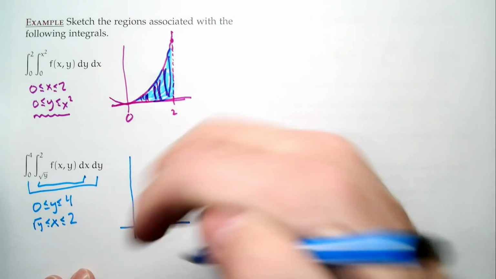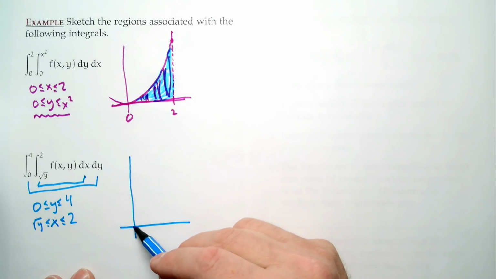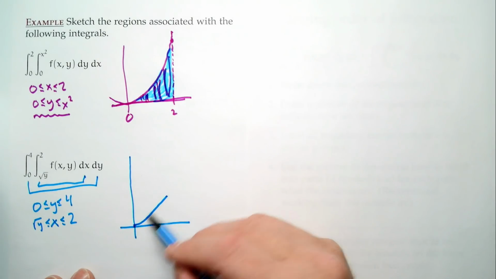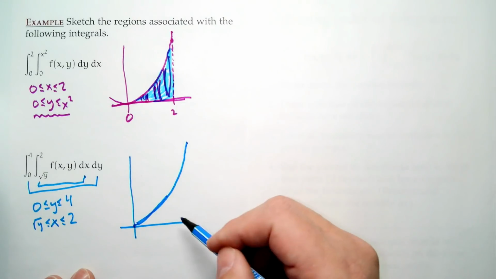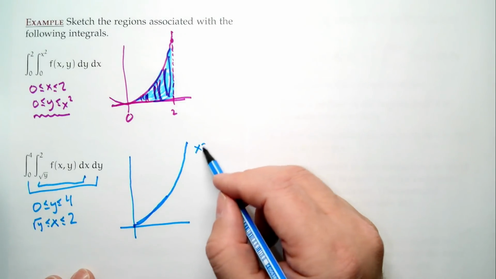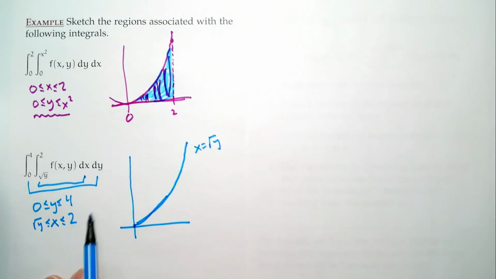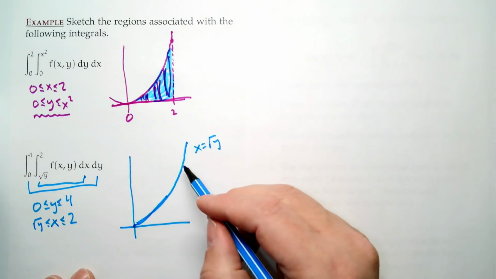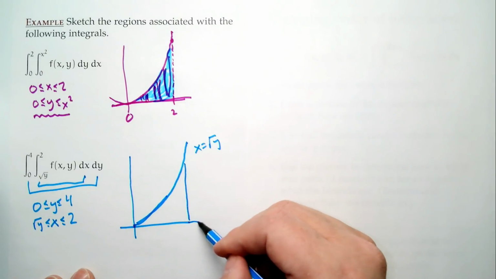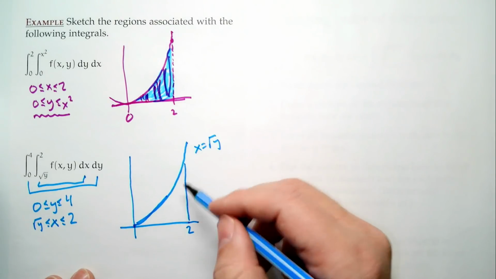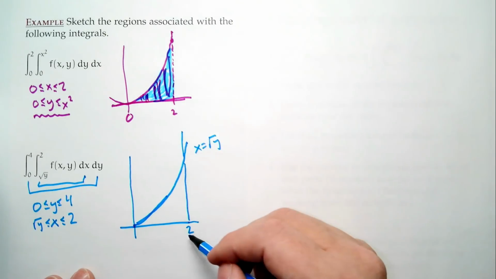It flips it. So x equals square root of y would look something like that curve. x equals 2, well, that's not so hard. That's just this line, x equals 2.